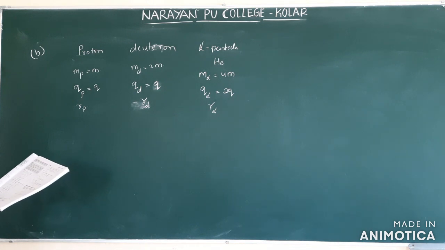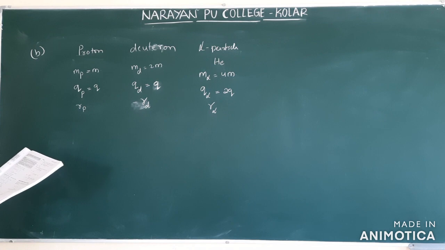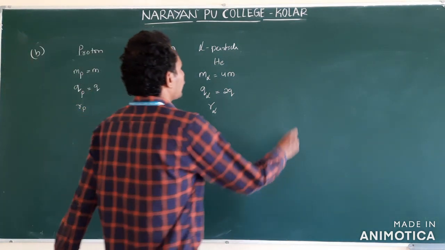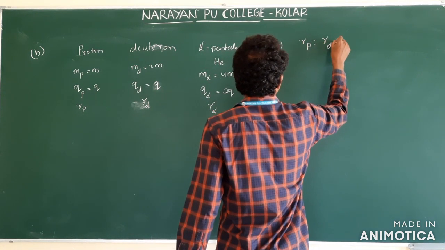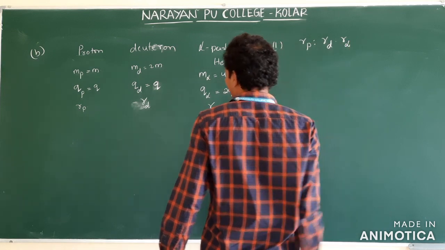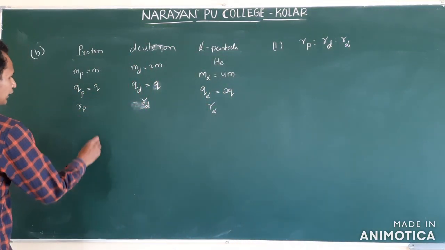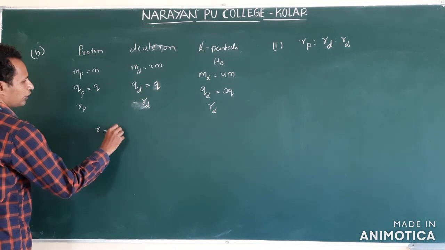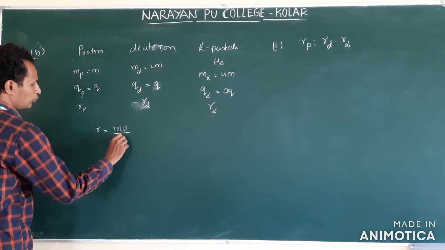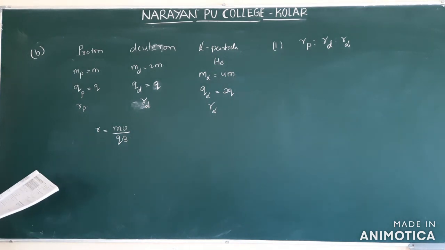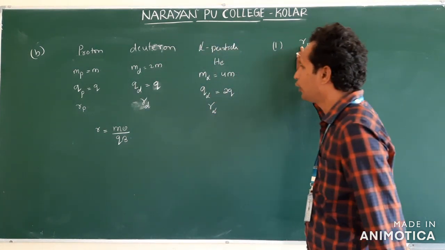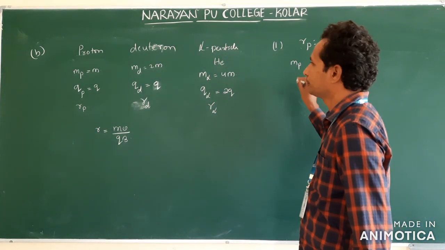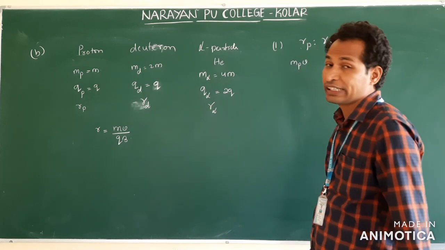Okay, first question. If they enter with the same speed, they are asking the ratio Rp, Rd and R alpha. For the first question, Rp is to Rd is to R alpha. But what is the radius equation, the general equation? R is equal to mv by qB. Now, Rp, how do we write? mp, v remains the same, they enter with the same speed.